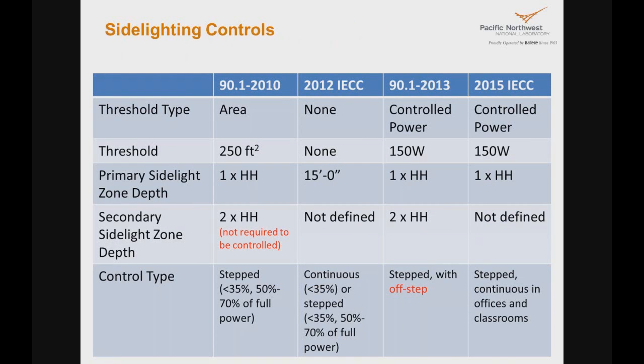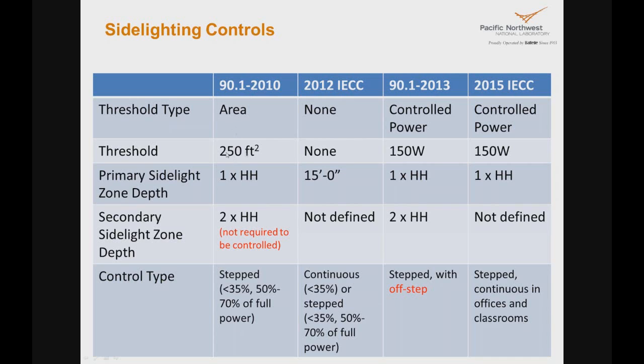All right, so that was about the daylight zone definitions. Now we are actually moving into the control requirements. So once you have described the area, you can establish certain requirements based on the area that falls under the daylight zone. So 90.1 follows this methodology.